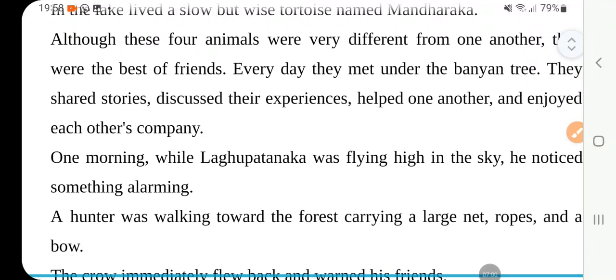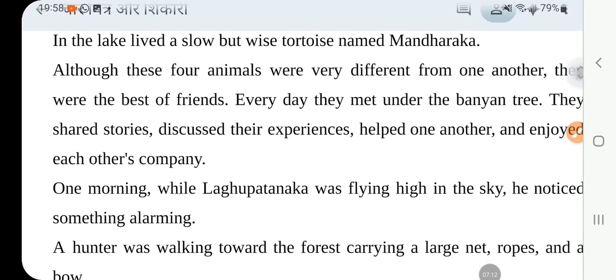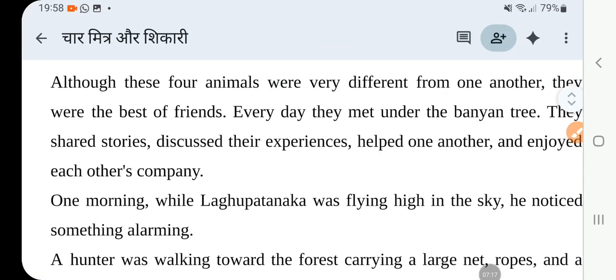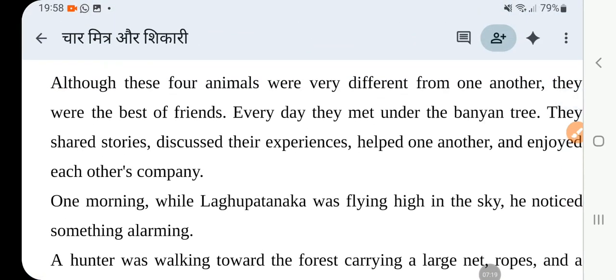Now, although these four animals were very different from one another, because crow, deer, mouse, and tortoise all come from different backgrounds, they were the best of friends.